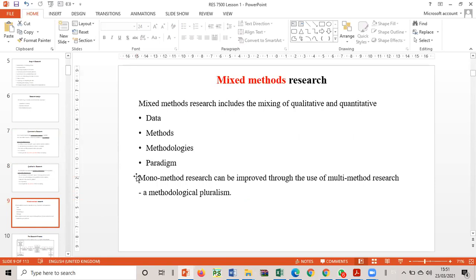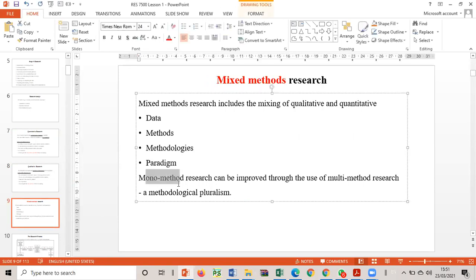A mono method can be improved. Quantity or quality are mono methods. A mixed method uses at least two methods. Multi-method research, we call methodological pluralism, and that's a trend now.